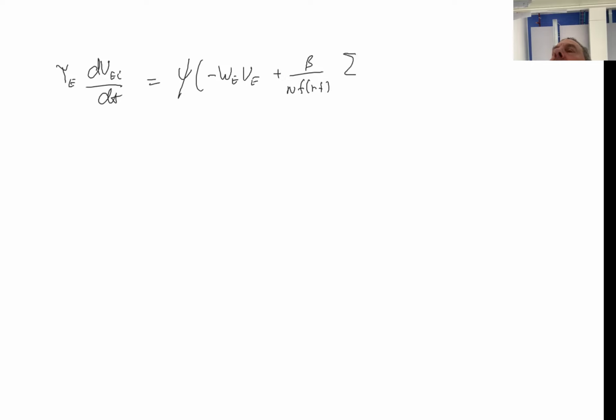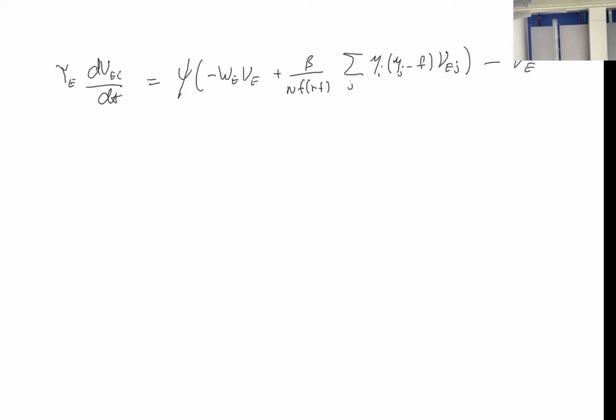So all right, this is tau E d nu EI dt equals some function of minus WE nu E, where nu E is the average firing rate, plus beta over NF 1 minus F, the sum on J of eta I, eta J minus F times nu EJ, minus nu E.